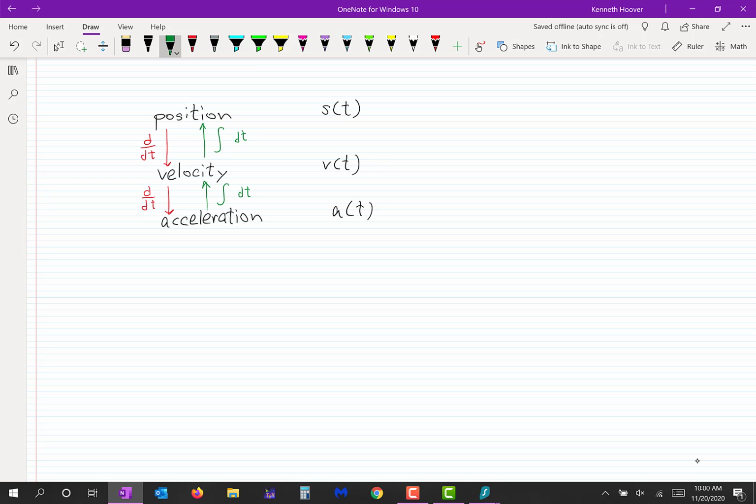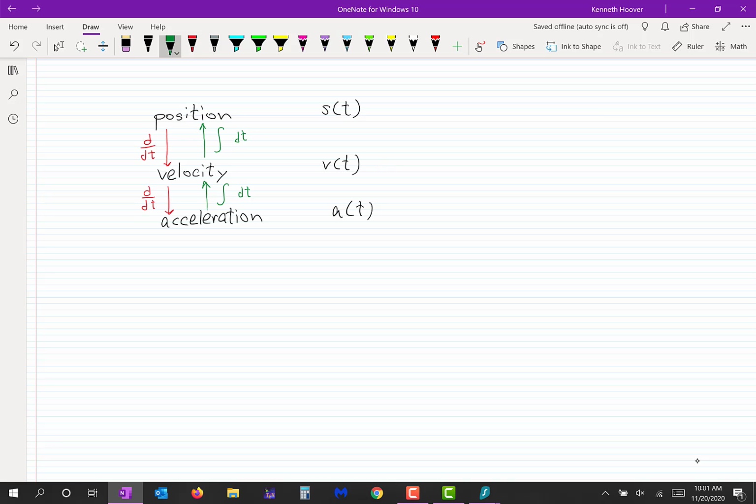If you know the acceleration and you want to find the velocity, you integrate acceleration to find velocity. Taking the derivative of velocity will tell you acceleration, and vice versa. Those types of problems are oftentimes thrown in as practice problems or homework problems, and that's the relationship.